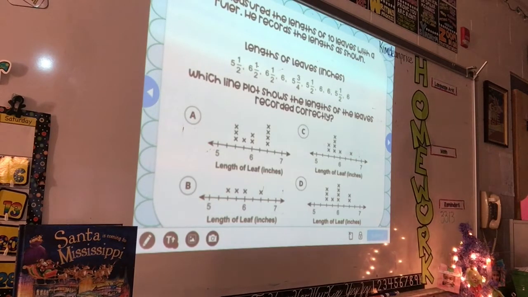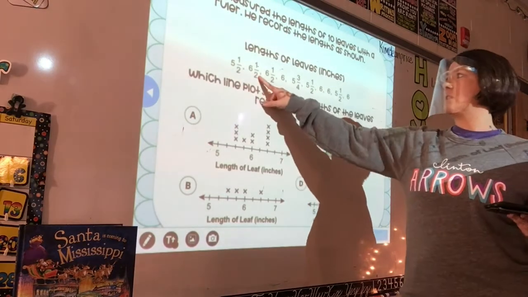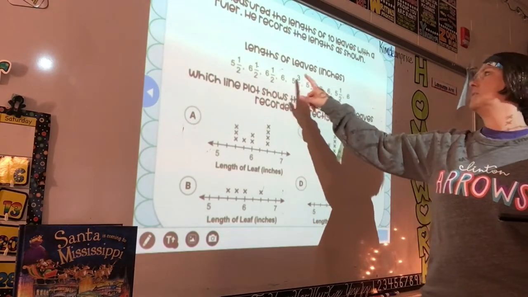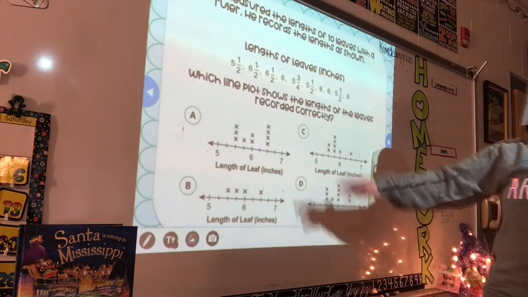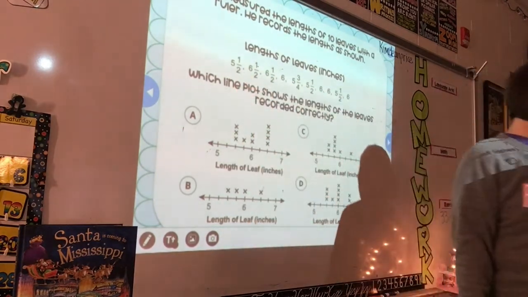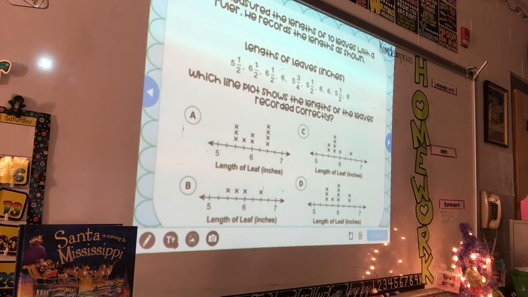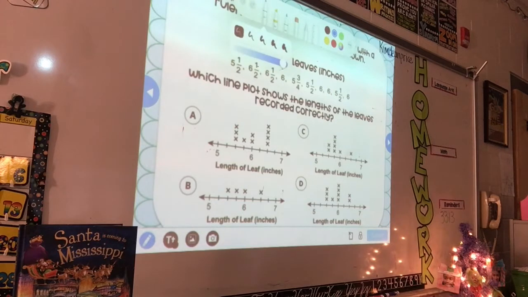We've got one leaf that's 5.5, one that's 6.5, 6.5, 6. Follow me? So to figure this out, we're going to start with 5.5. Chloe, let's go circle all the 5.5s first to figure out how many there are.